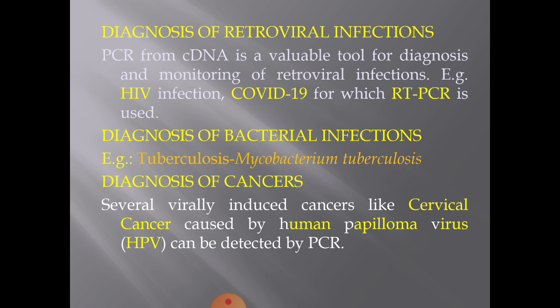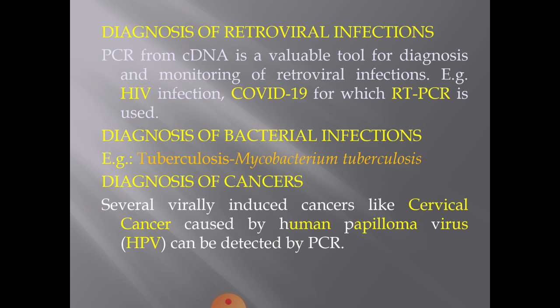Apart from retroviral infections and bacterial infections, PCR is helpful in diagnosis of cancers, especially virally induced cancers like cervical cancer, that is cancer of the cervix of the uterus. Uterus has a small part called the cervical region.